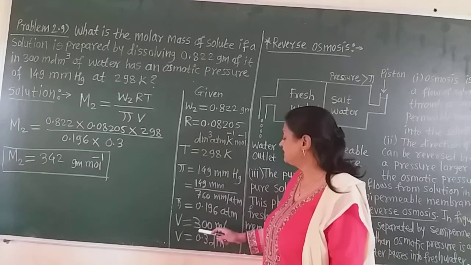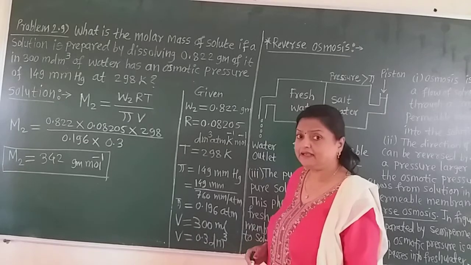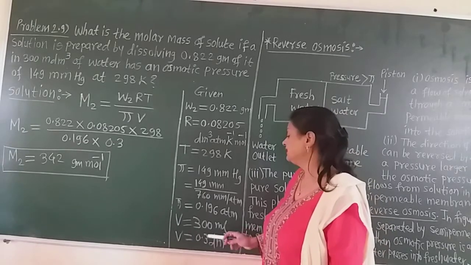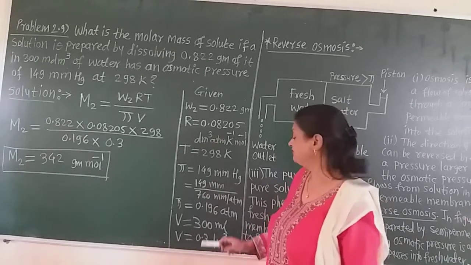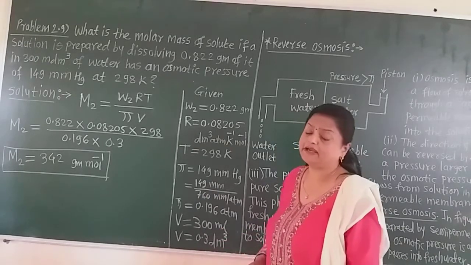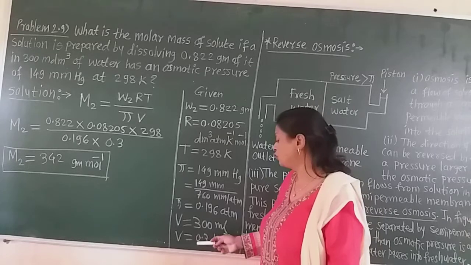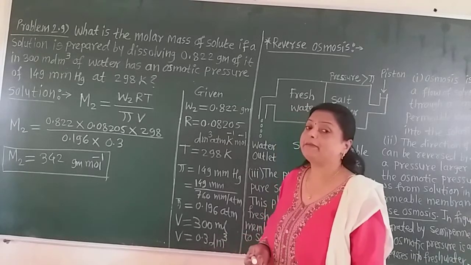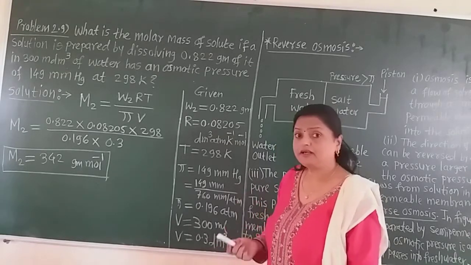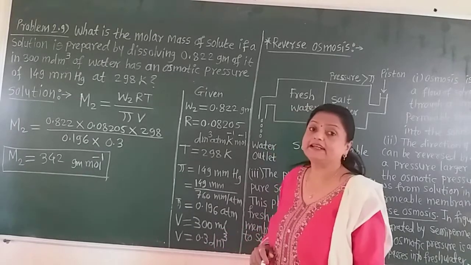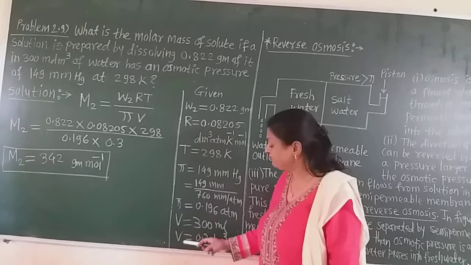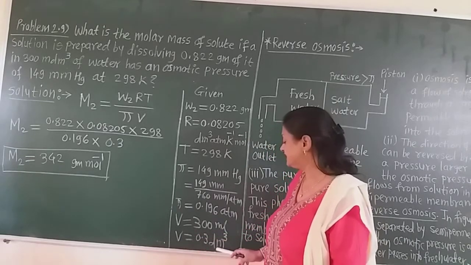The volume is given as 300 ml, that is dm³. That means the volume is 0.3 dm³. Divide 300 by 1000, because 1000 ml is equal to 1 dm³, and therefore on dividing 300 by 1000, we obtain V = 0.3 dm³.